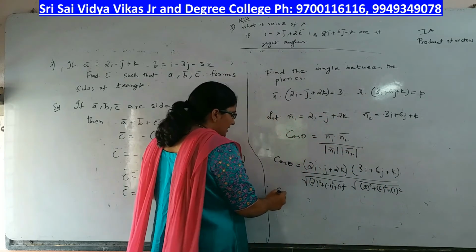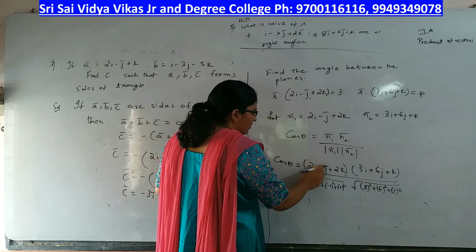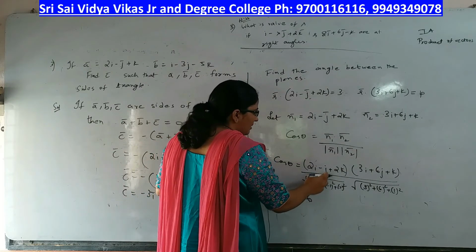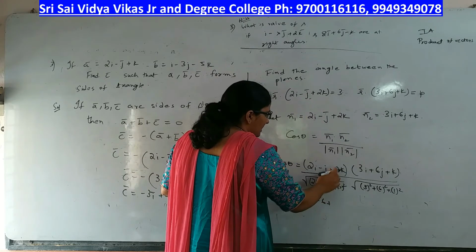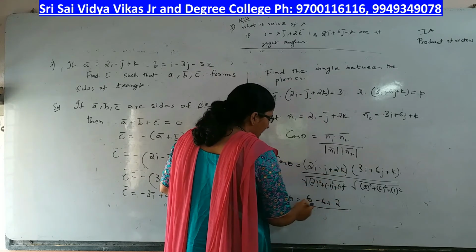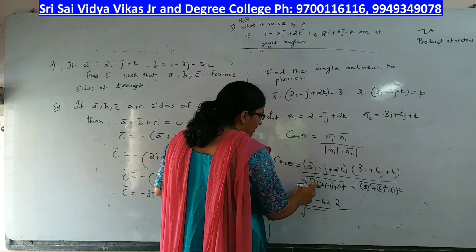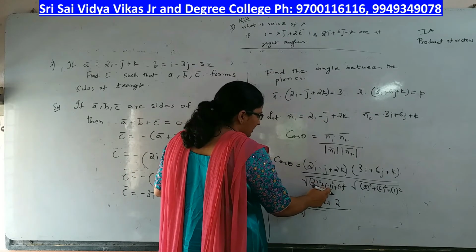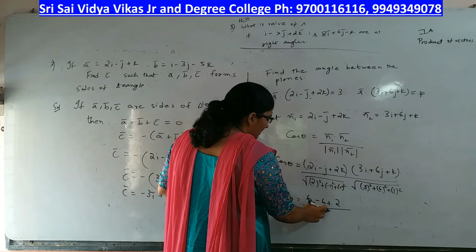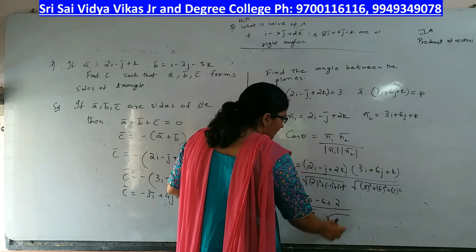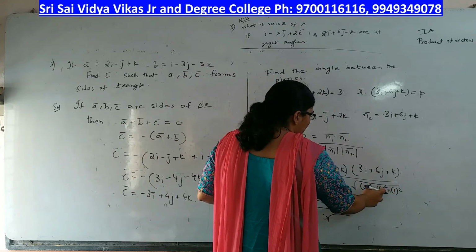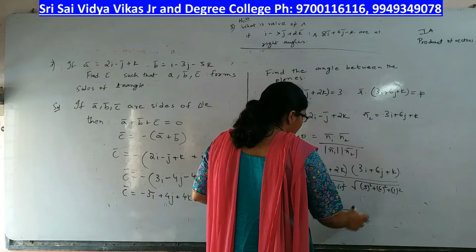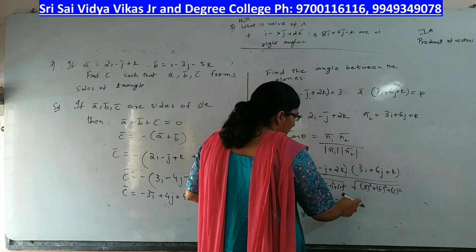So cos theta is equal to 2 threes are 6, minus 1 into 6 is minus 6, plus 2, by under root of 4 plus 4 plus 1, 9, into root of 9 plus 1, 10, 10 plus 36, 46.